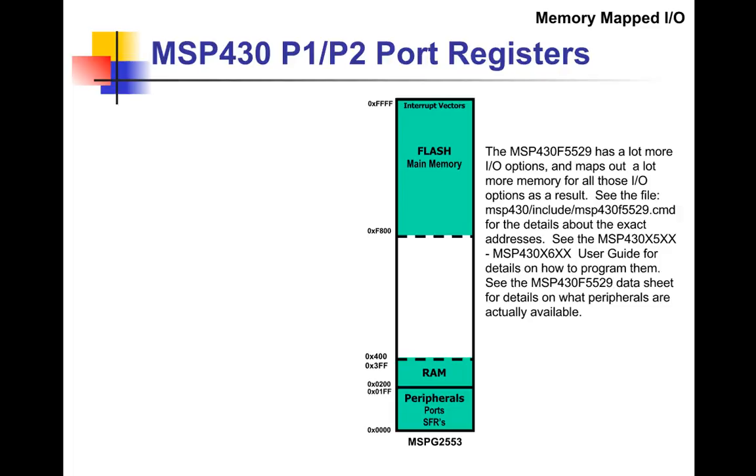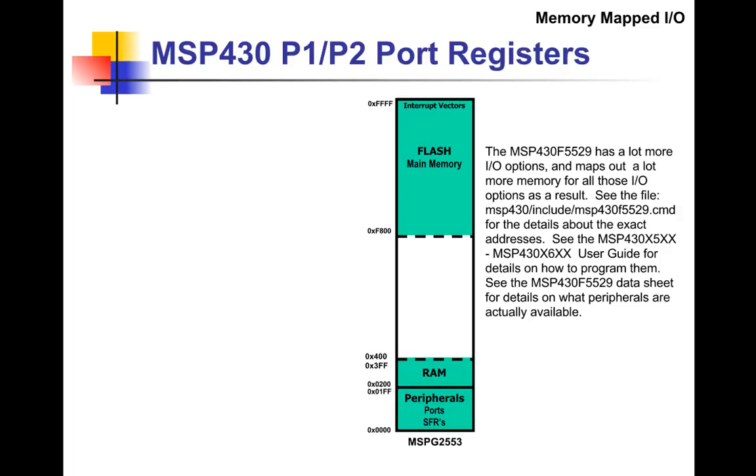Remember, our processor is more complicated. It has more I/O options, and you can look at those I/O options in the MSP430 include directory, and then the MSP430 F5529.cmd file for more details and the exact addresses.